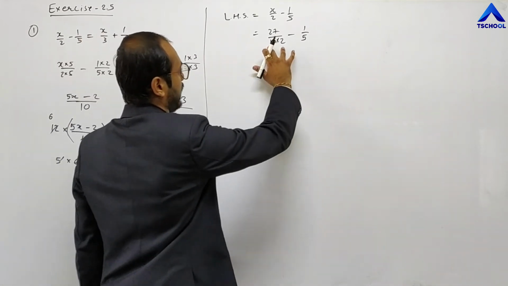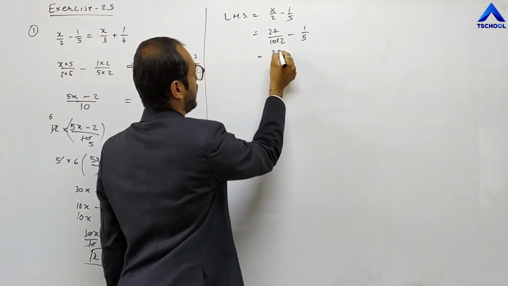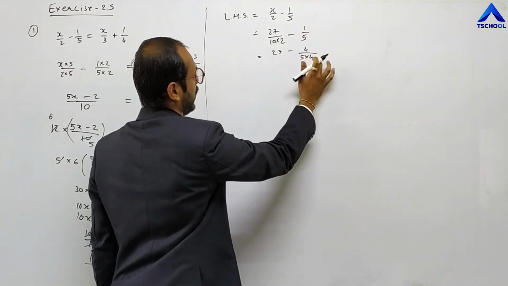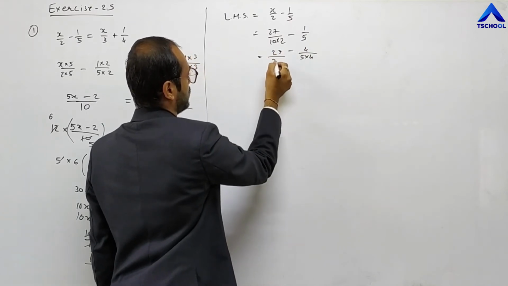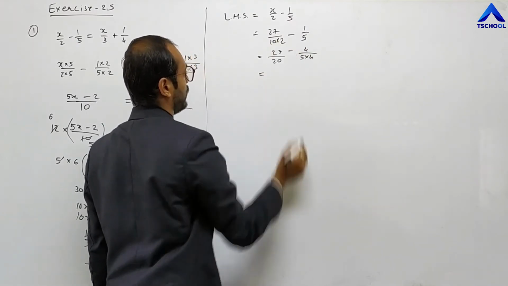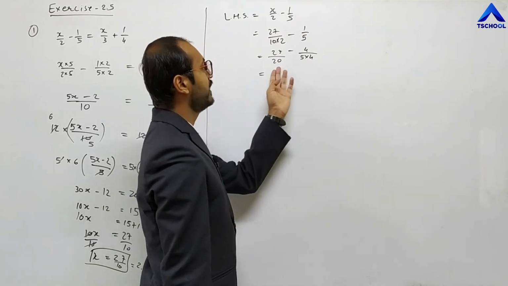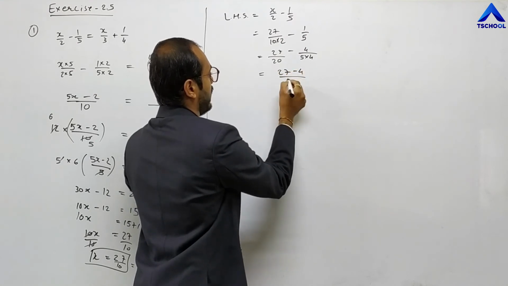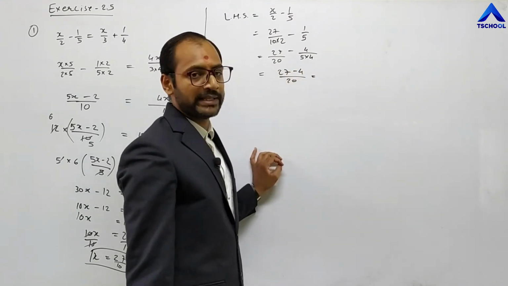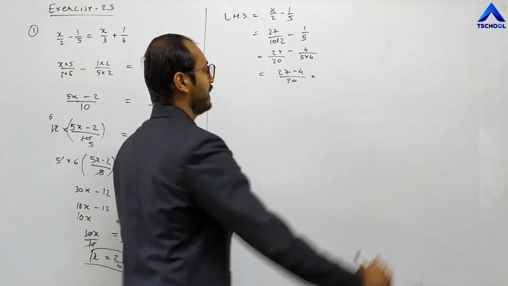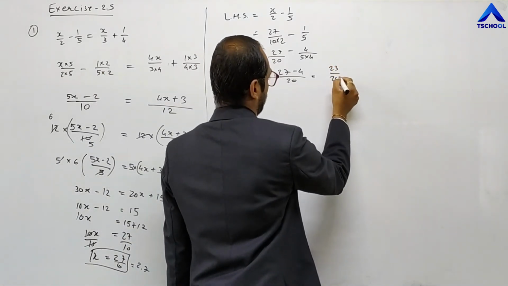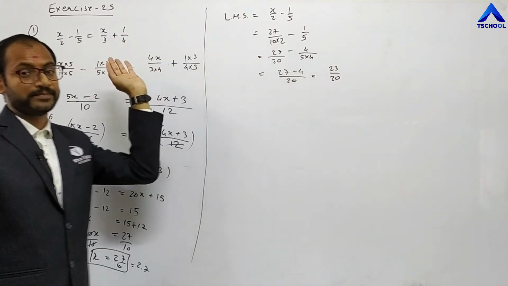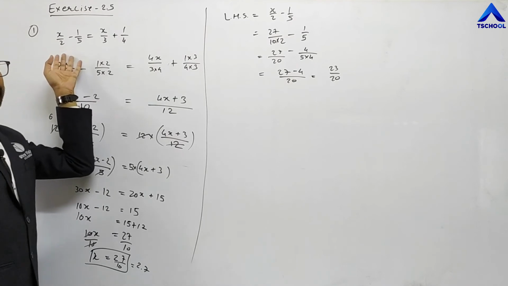Now 10 to 20, and 5 to 20: to make the denominators equal, we multiply numerator and denominator by 4. So 27 minus 4 divided by 20 gives 23 by 20. This is the value of the left hand side expression.